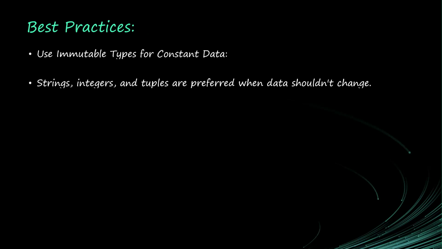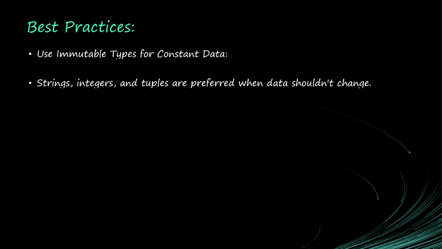Best practices: use immutable types when you're creating constant data. When you have data that is not going to change over the course of your program, use immutable types. Strings, integers, tuples are preferred when data shouldn't change.